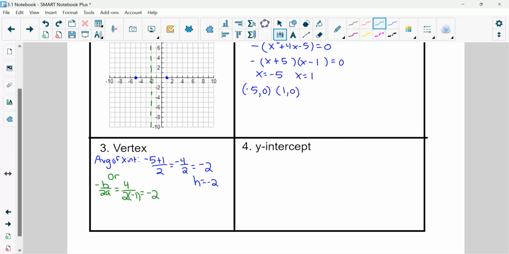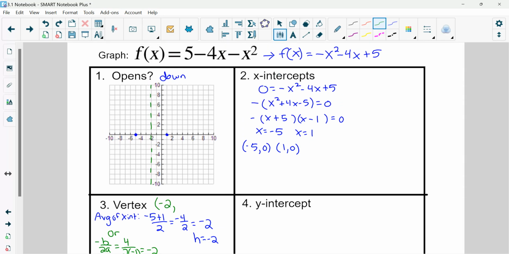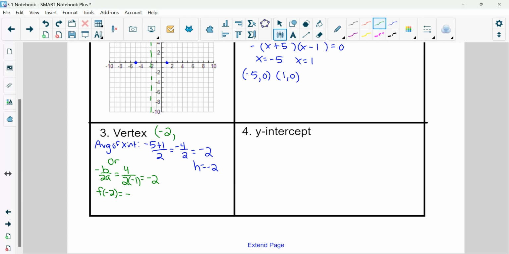But we still need our k value. Okay, so we know h is negative 2. We're going to need our k. So all we need to do is, this is an x value. If we know an x, to get the y, we just plug it in for x. So I'm finding now f of negative 2. So negative 2 is just going in for all my x's there. So it'd be negative, negative 2 squared, minus 4 times negative 2, plus 5. I do need to be careful here.